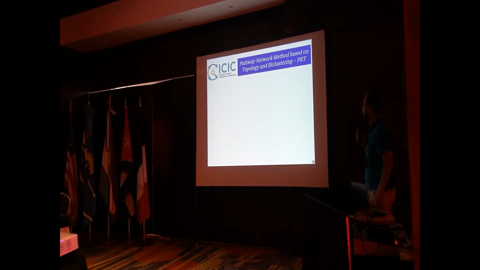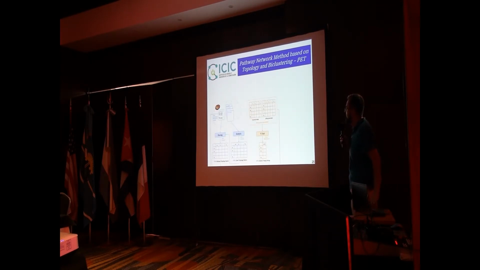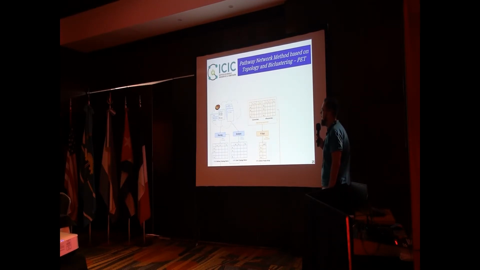And the idea of this methodology is, as a first step, we try to define a matrix that represents the complete chain topology of connections in the pathways that we have in KEGG.